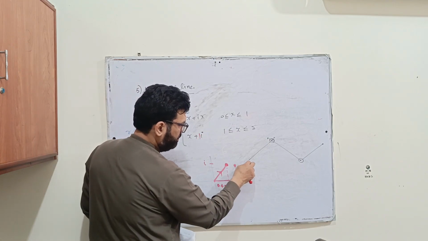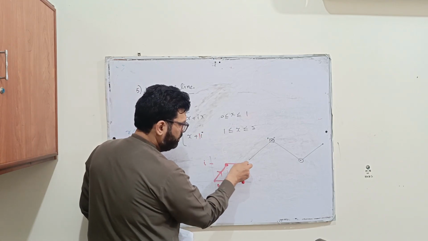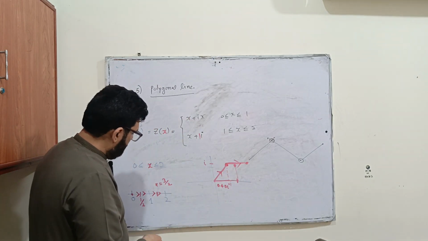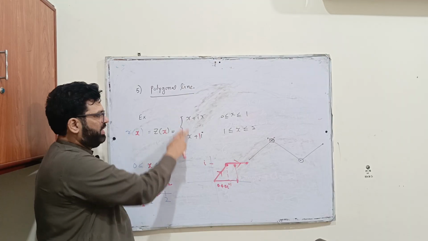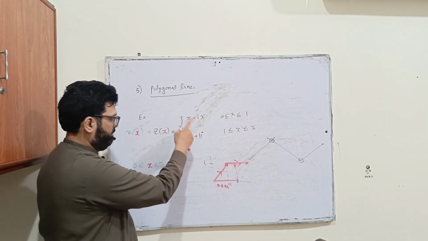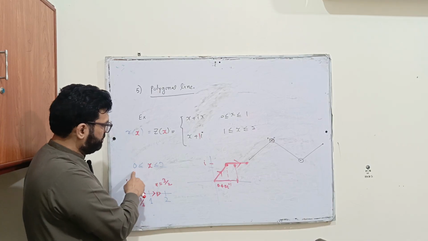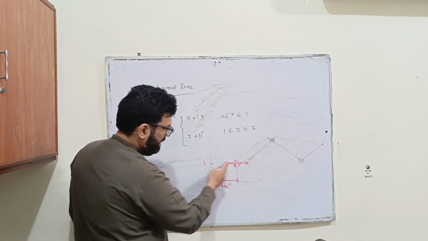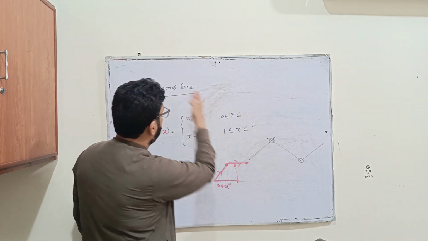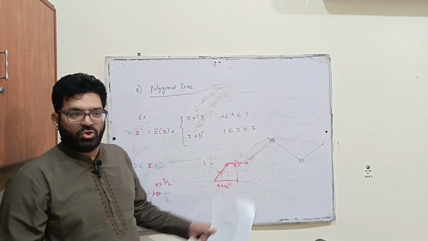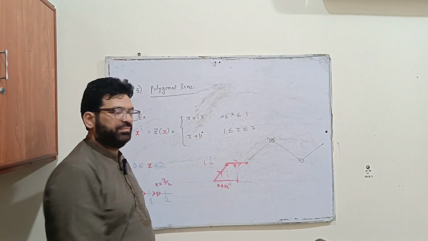So you have this 2. Combining this, you plot this part. So this piecewise function, which is a continuous function for all values of x from 0 to 2, we have this map, and this map is the polygonal line. It consists of two lines joined at a point.